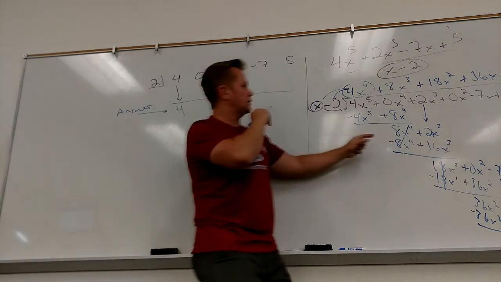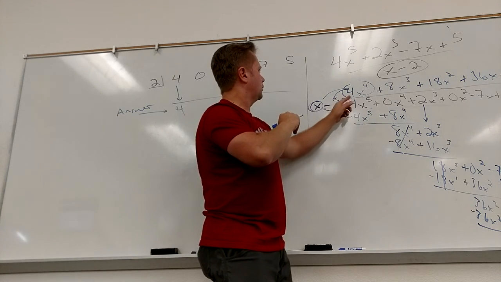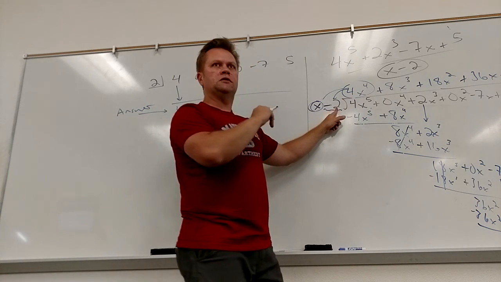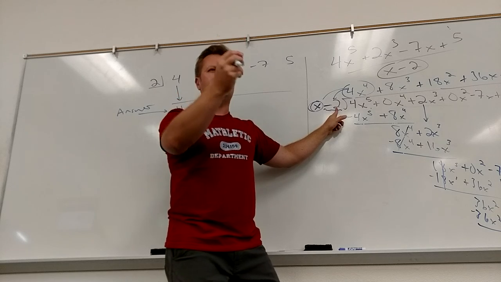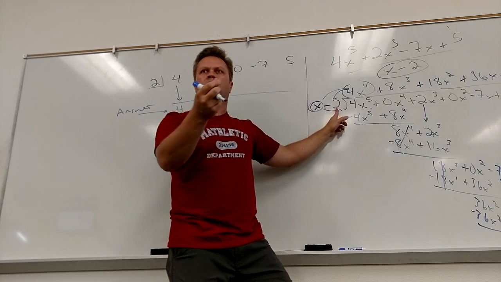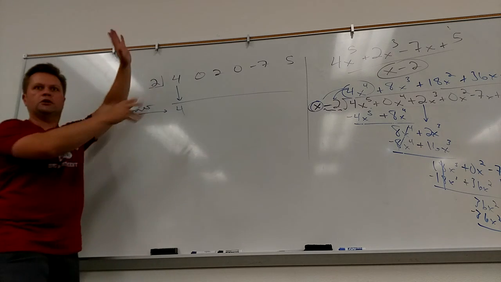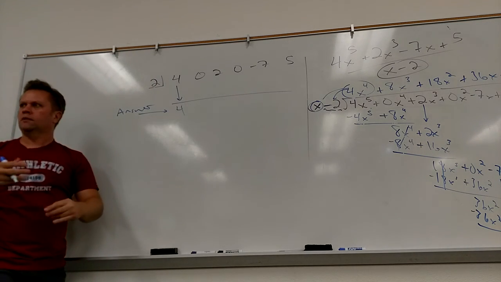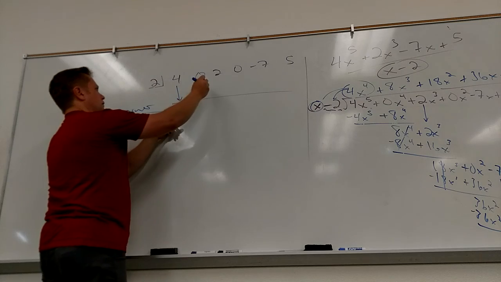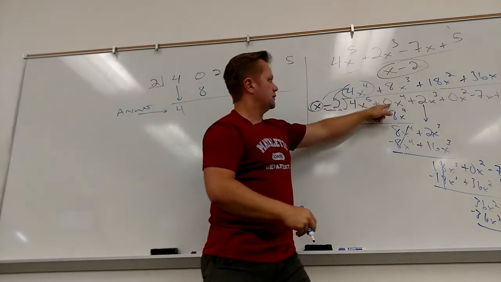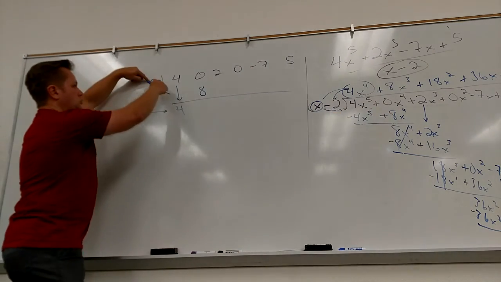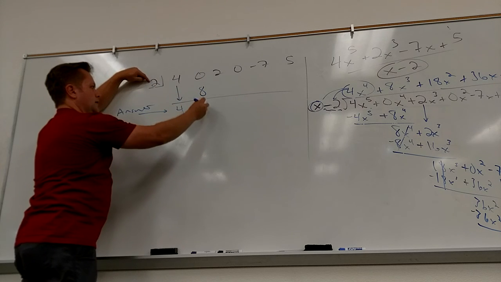Now, what did we do with this 4? We multiplied it by negative 2, back when we were kind of naive and didn't realize how much power we had. Now we're going to do better than that. We're going to multiply it by positive 2, so I don't have to change the sign all the time. So 2 times 4 is 8. And see how we did 8 plus 0? So you multiply by 2, add.